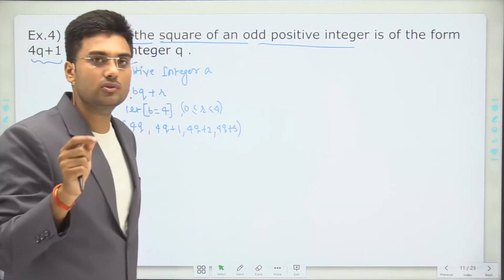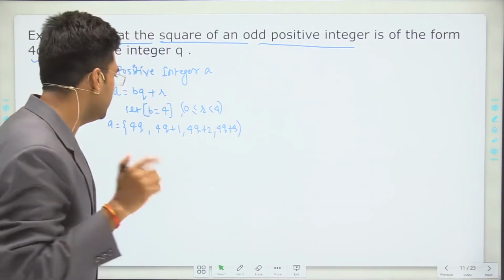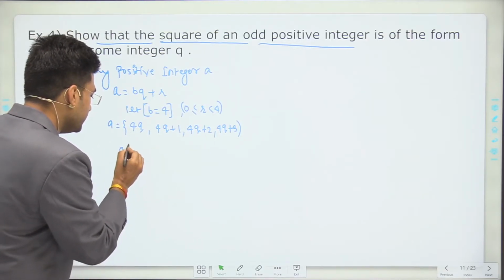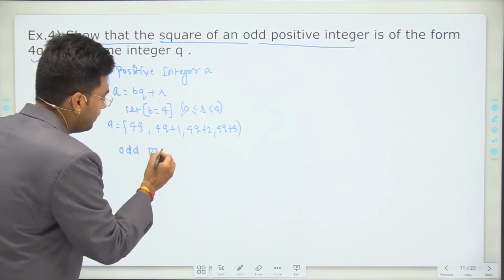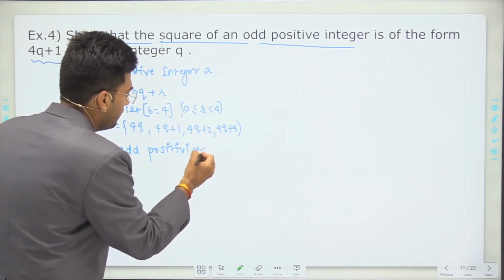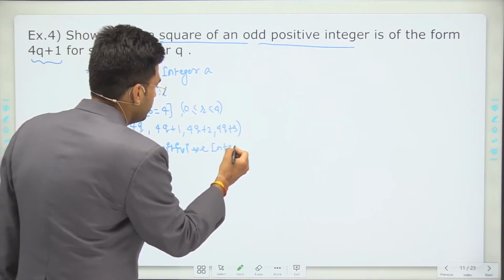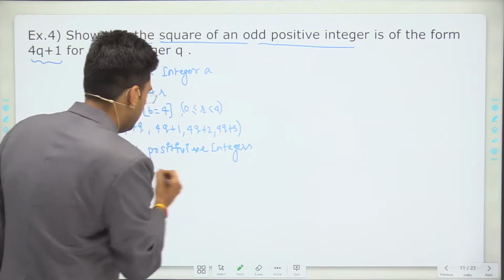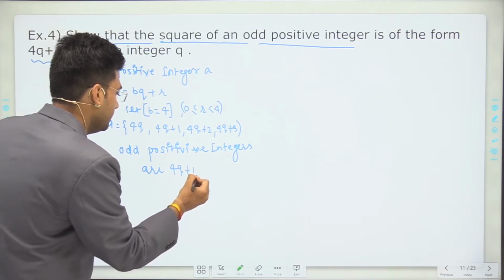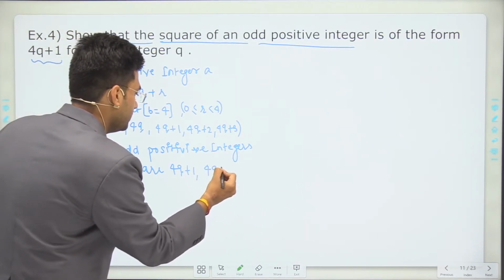Clear? Now, in the question it is given to show that the square of an odd positive integer. We have to choose odd positive integers only. So among these, the odd positive integers are 4q plus 1 and 4q plus 3.